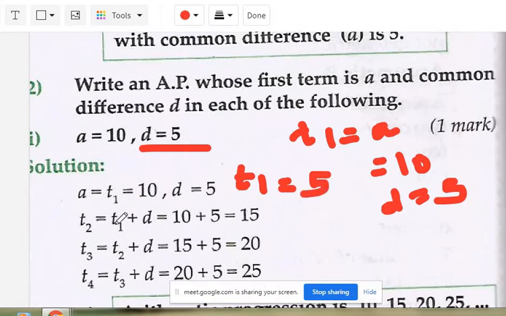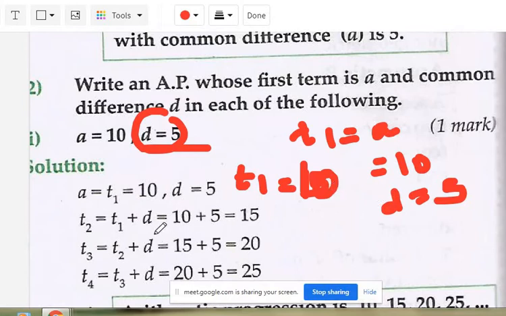First term is 5. Then we have to find the second term. How to find the second term? T2 is equal to T1 plus D. Remember this formula, T1 plus D, that is the common difference, that is given. D is equal to 5. T1 is given, T1 is not 5, remember, sorry, it is 10.